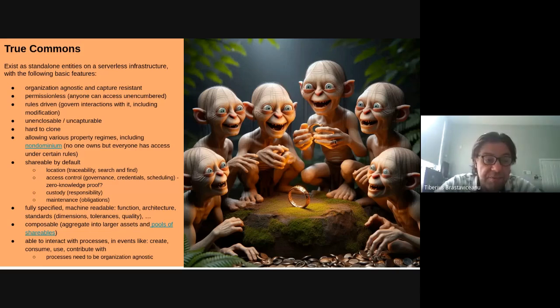They're shareable by default, and they're fully specified and machine readable, so that you can do searches and aggregate different assets according to their features or uses. And they're composable, meaning that you can put them together into larger systems.